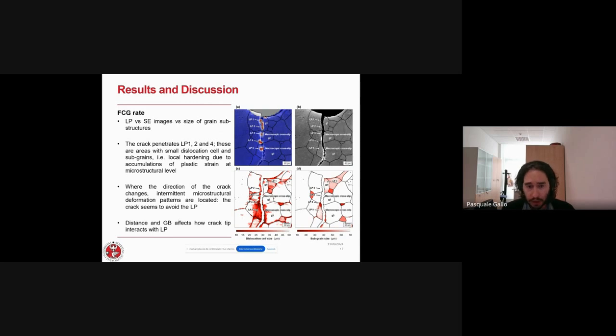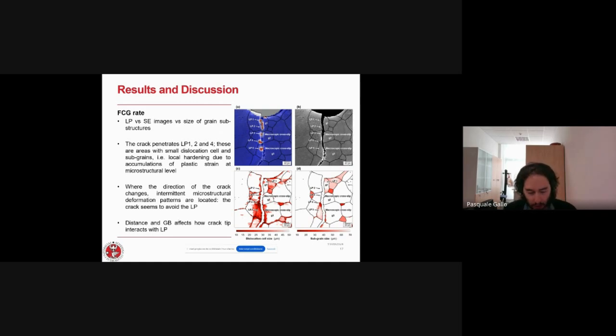And we can see that in those cases where the crack would penetrate the strain localization points, the retardation was very clear. And we noticed that in basically all the strain localization points, we had a lot of small dislocation cells and subgrains. This means that there was a local hardening due to this accumulation of plastic strain at the microstructural level. And therefore, it's quite an obstacle that the crack has to overcome if it were to further proceed.